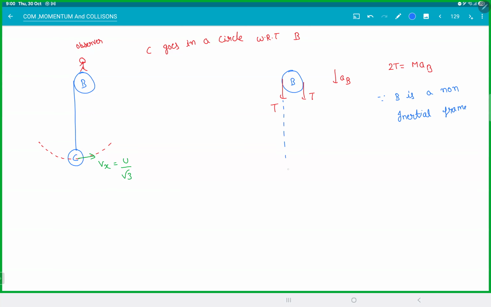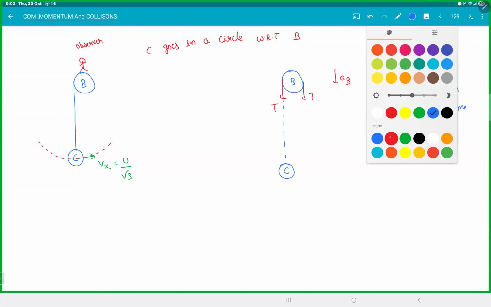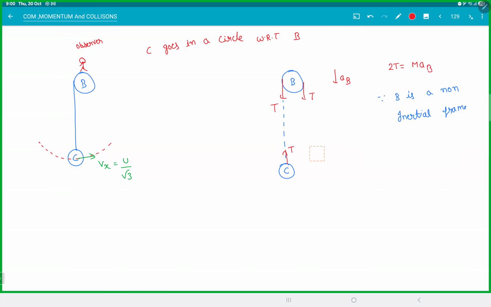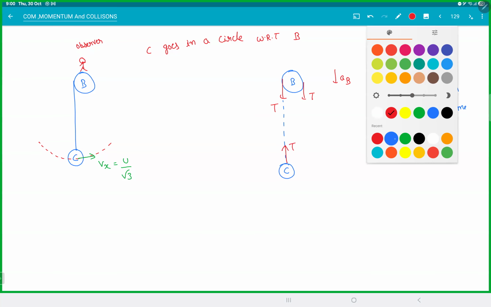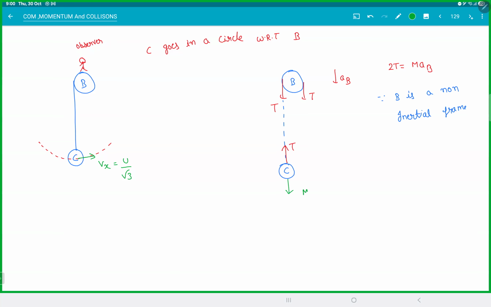So now when you draw the FBD of C, what are the forces? Tension. That's it. There's only one force. Since you're going in a circle, there will be a centrifugal force, which is m Vx square by L. But since you're standing on B, there is a pseudo force, which is mass of the body into acceleration of B. This is your linear pseudo force, because the observer is standing on that.